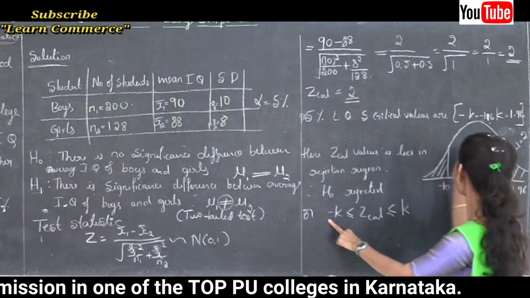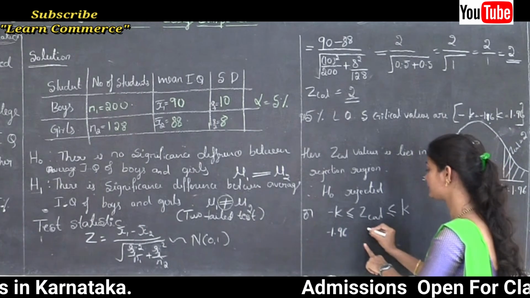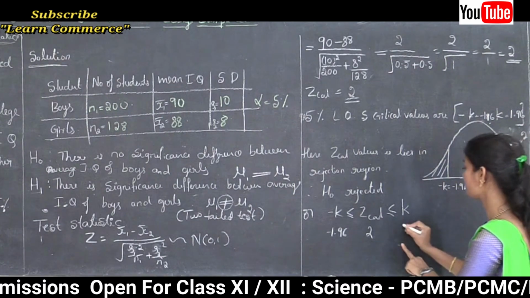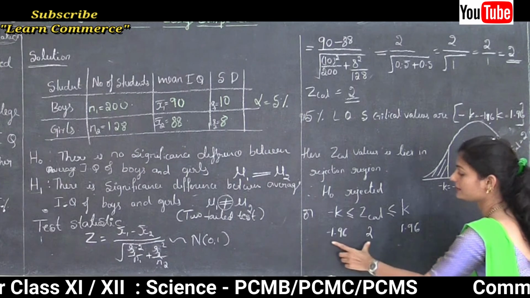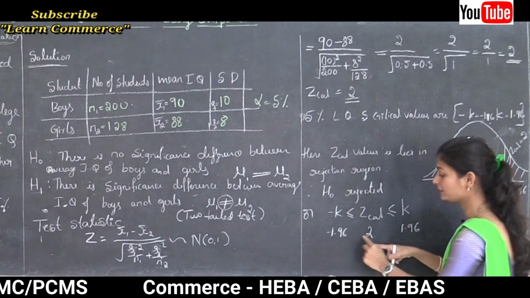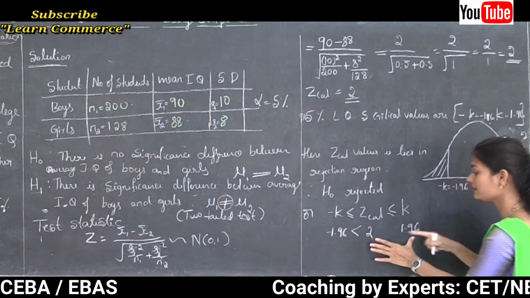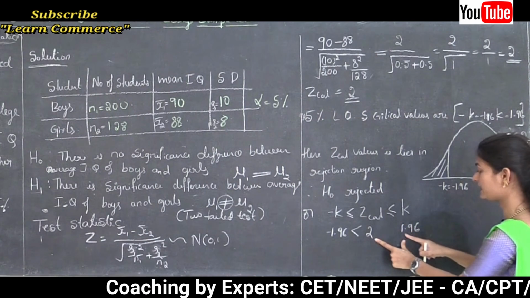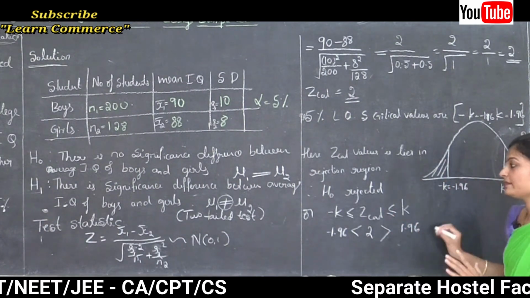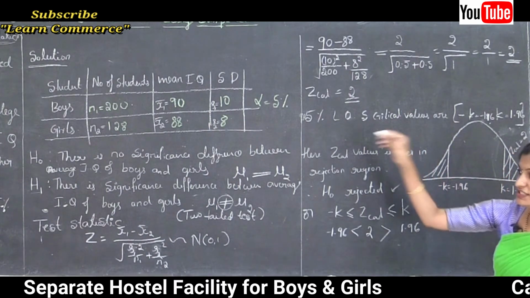Here minus k value is minus 1.96, the calculated value is 2, and the positive k value is 1.96. Here 2 is greater than minus 1.96, but 2 is greater than 1.96. The condition is not satisfied. Therefore H0 is rejected. If H0 is rejected, then H1 is accepted.